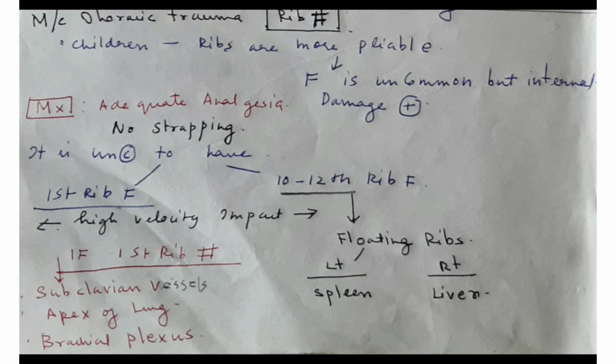Another thing we have to remember is the management of rib fracture, which is adequate analgesia, that is, we give painkillers. It is very important to understand that strapping is avoided. No strapping should be done.